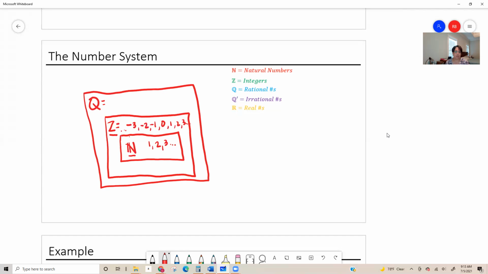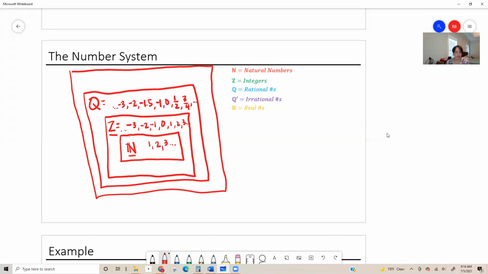So you would have like -3, -2, -1.5, -1, 0, 1/2, 3/4, and so on. So pretty numbers, pretty fractions, and also any repeating decimals.